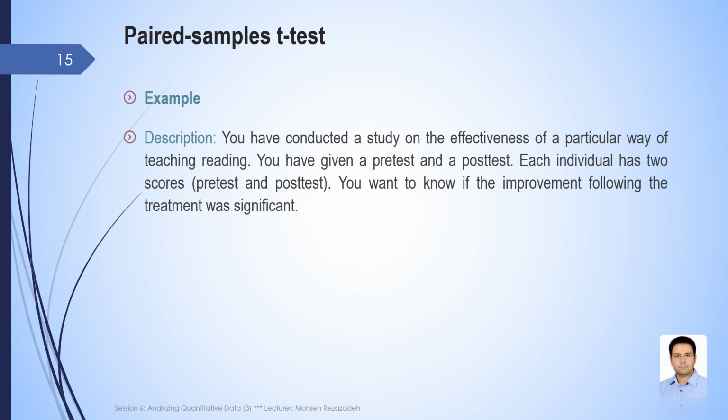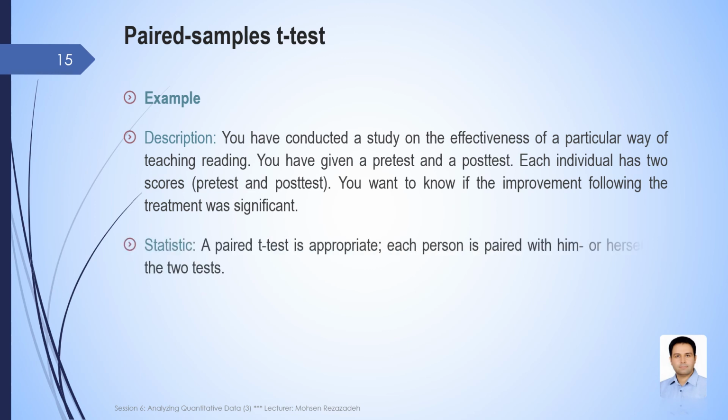Here, each student in your class has 2 scores, pre-test and post-test. Now, you want to see if there is any improvement or not. Here, the statistical test that you need is a paired samples t-test. Each person is paired with himself or herself on the 2 tests.